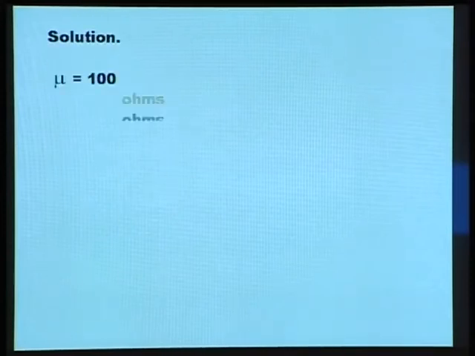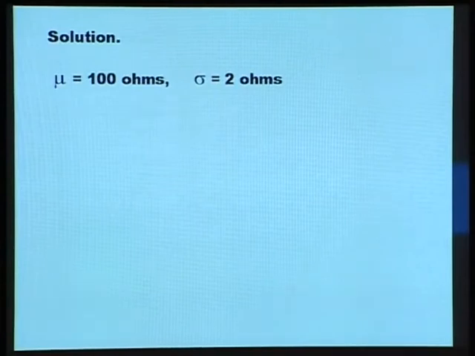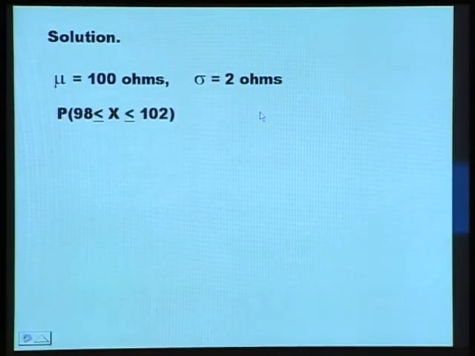So let's see the solution. In the question we were told that the mean value of the resistance is 100 ohms and the standard deviation of the resistance is 2 ohms. We were requested to find the probability that the resistance would lie between 98 and 102 ohms.